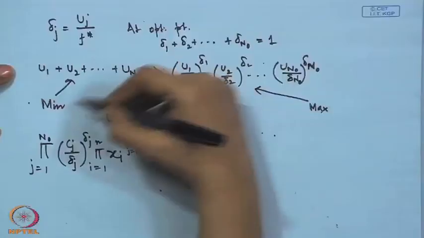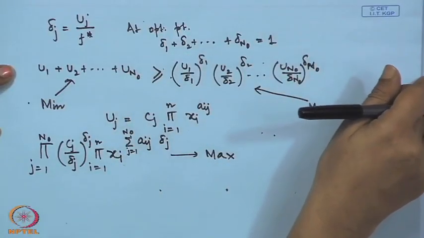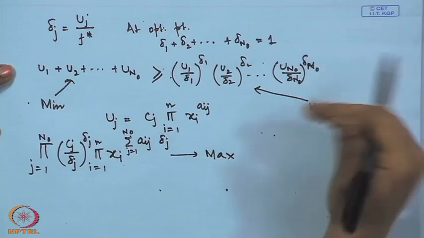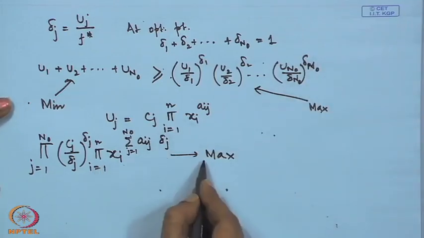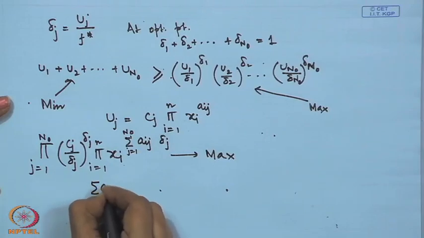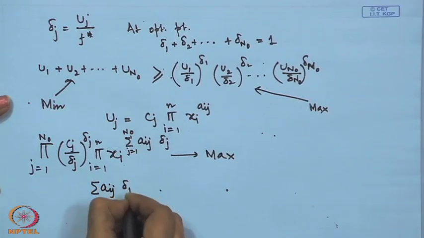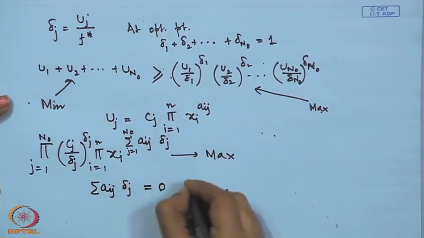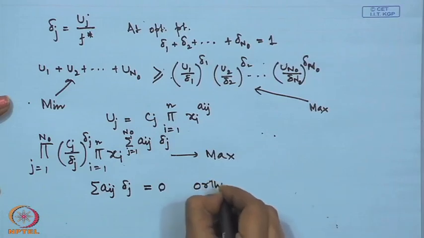Instead of the minimization of the primal, we converted it to the dual, which is the maximization of this objective function, subject to the constraints that the summation of aij delta j is equal to 0, that is the orthogonality condition.